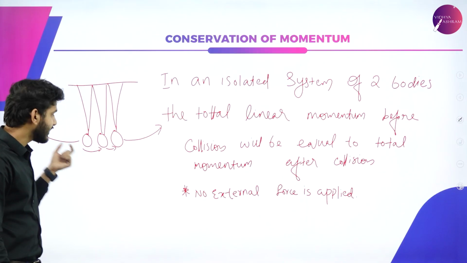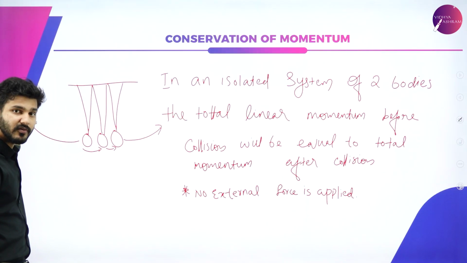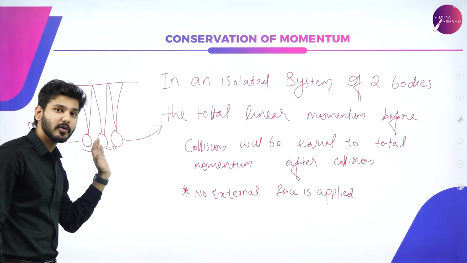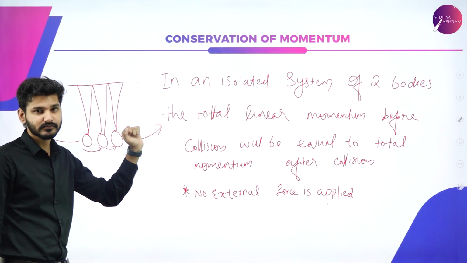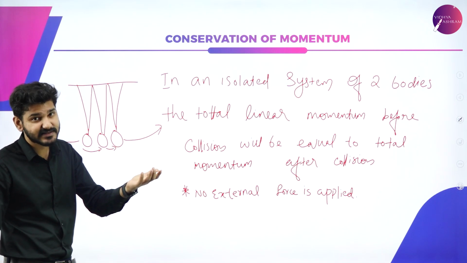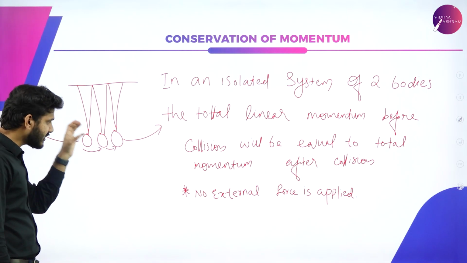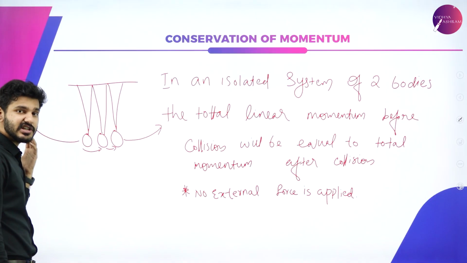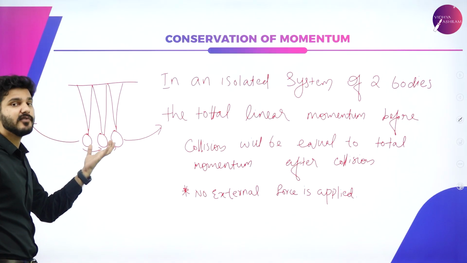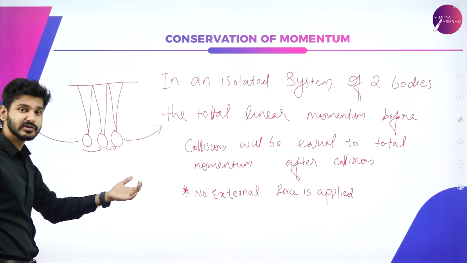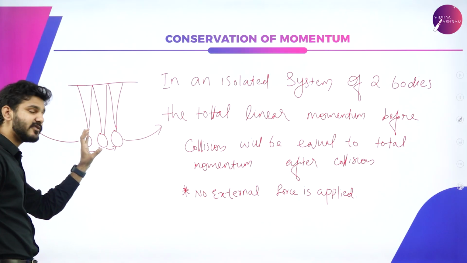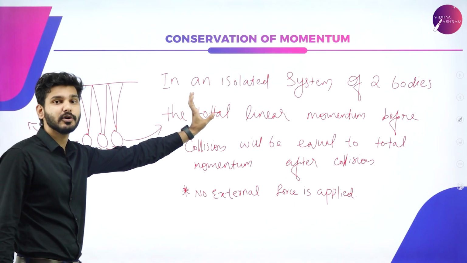That is because the momentum of this particular ball was transferred to this system and carried out here. So however much momentum I give to this system, if before collision I give m1 v1 momentum, after collision also the momentum will be m1 v1. That is, if mv is given here, mv will be distributed outside.